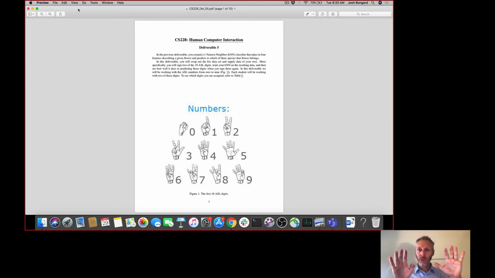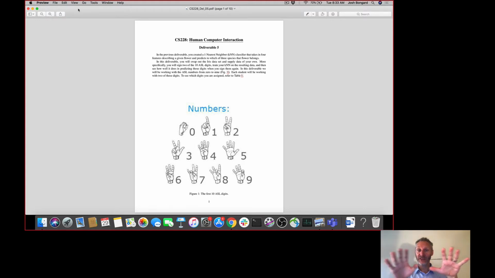In Deliverable 4, you set up your KNN classifier that takes as input 4 features and outputs an integer, 0, 1, 2, or 3, the prediction about the species of that iris. In Deliverable 5, you're going to be integrating your capturing and recording of frames of data from Leap with your KNN algorithm.